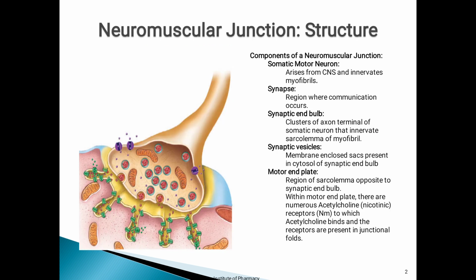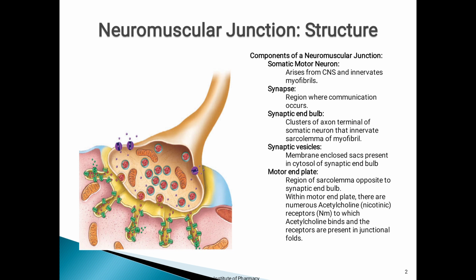Okay, so we'll see the remaining components, and then I'll explain you all the diagram. So it consists of the somatic motor neuron, that is it arises from the CNS and innervates the myofibril.